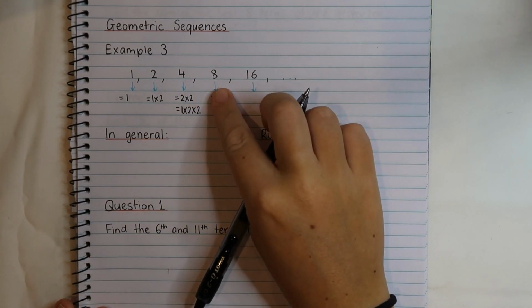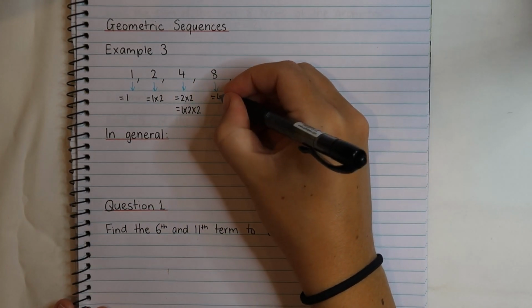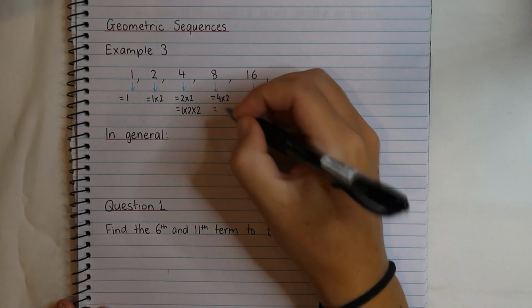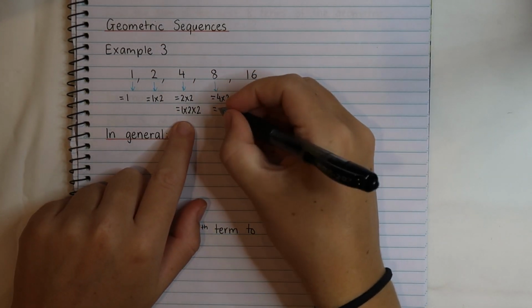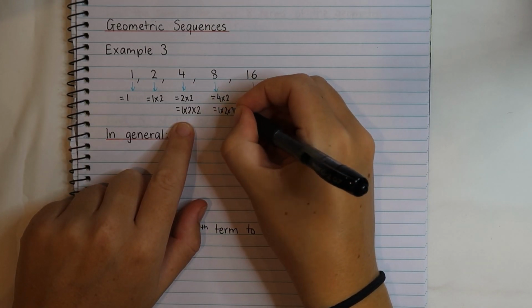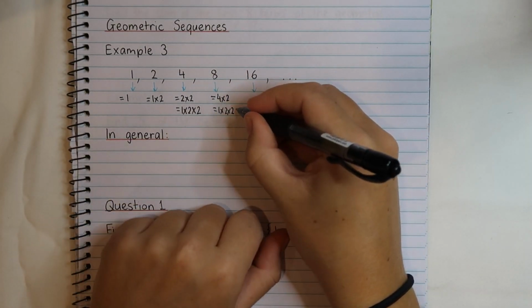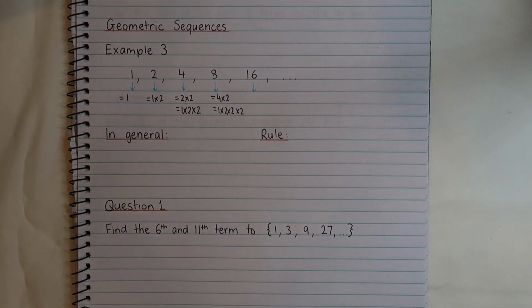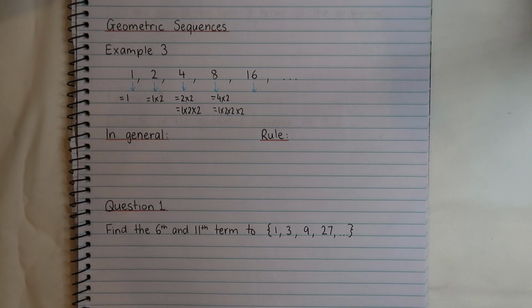Now if we look at 8, we know it's the previous term 4 multiplied by 2, but to get 4 we know it's 1 times 2 times 2, times another 2 to get 8, and so on. So we can use this to develop our rule. In general, we write a geometric sequence like this.